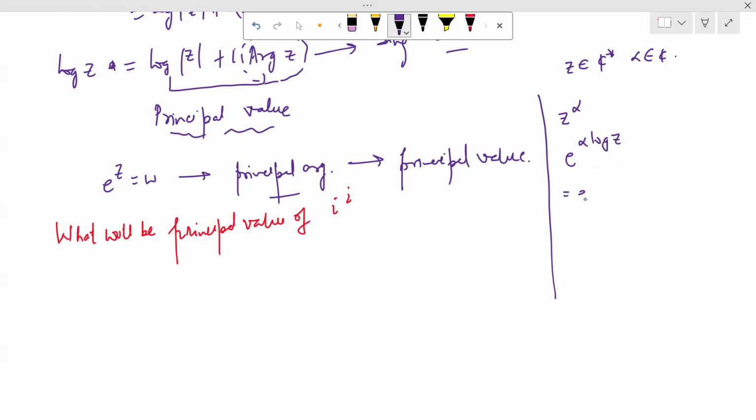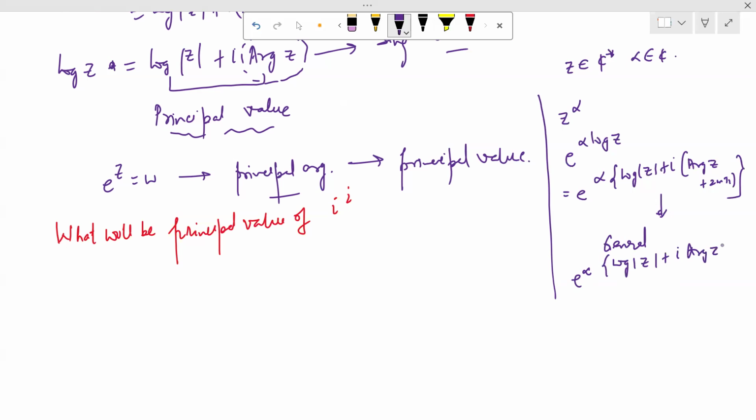And you know log z is simply log modulus of z plus iota principal argument of z plus 2m pi. So this is the general value. But if you want the principal value, then it will be e raised to power alpha times log mod z plus iota principal argument of z. So this is your principal value.